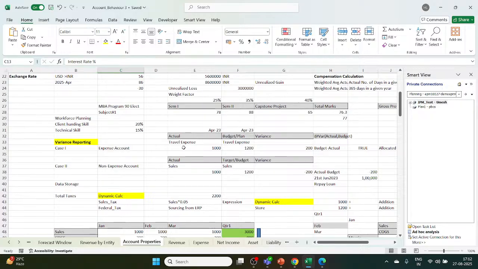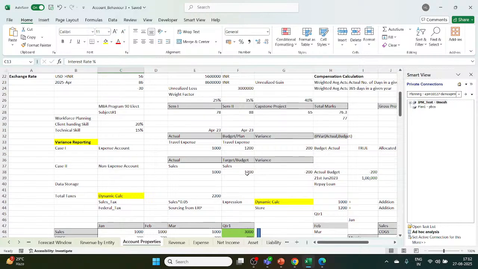And if we have allocated budget already, then in such a scenario we use the expense account. So in the non-expense account we can see the sales, we can see the 1200. It's our target, it's our budget.